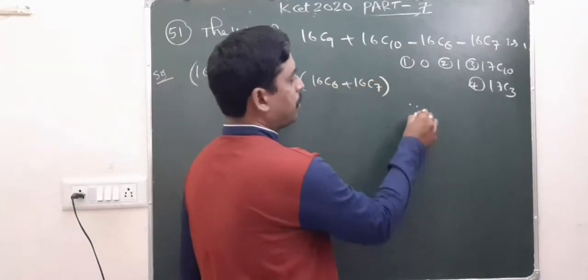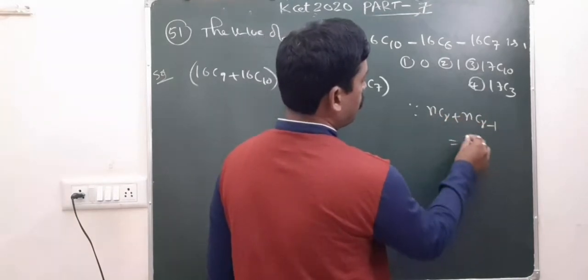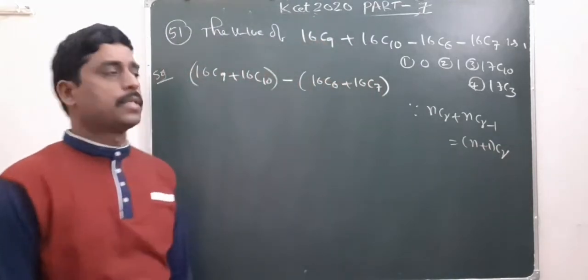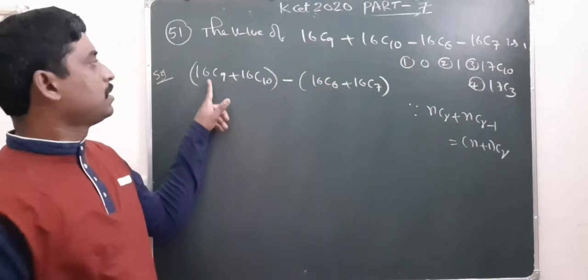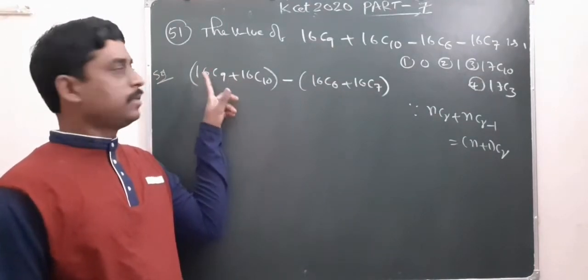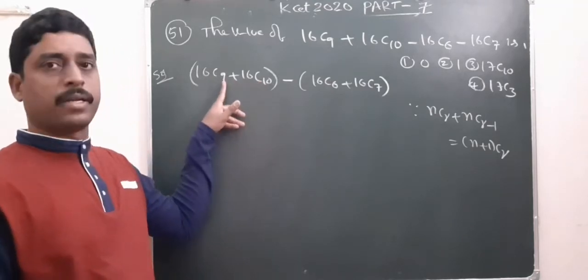We have one formula: nCr plus nC(r minus 1) is equal to (n plus 1)Cr. In 16C9 plus 16C10, n is 16, r is 10, and this is r minus 1.